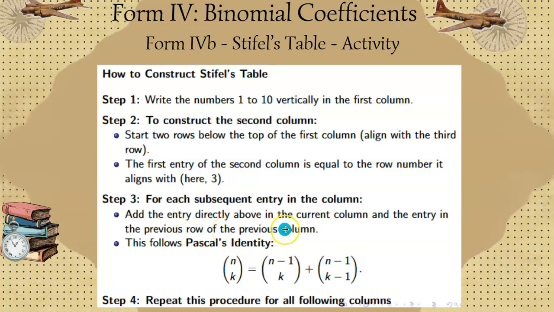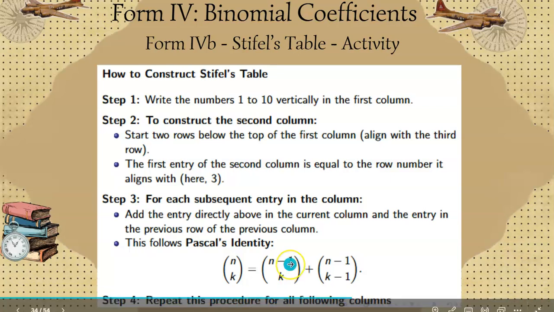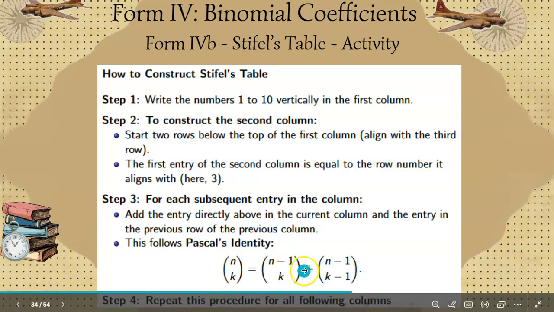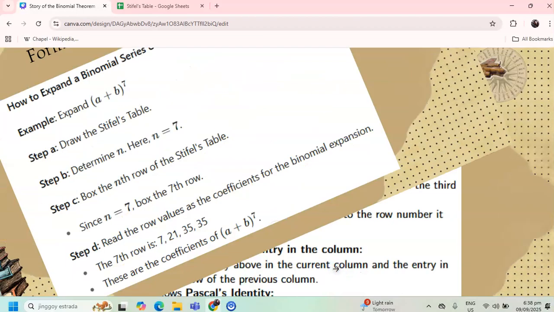Now for step 3, for subsequent entries in the column, you add the entry directly above in the current column and the entry in the previous row of the previous column. So this is Pascal's identity. So a particular number in the current column, you add the number above it of the current column, and the number of the previous row of the previous column. Let me show it to you.